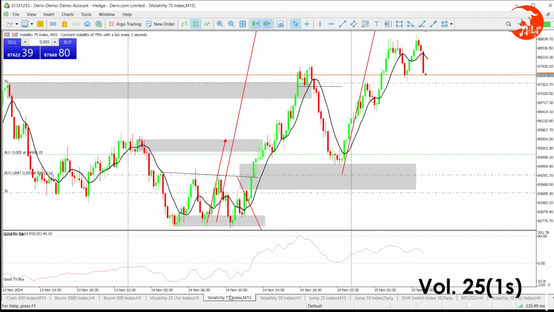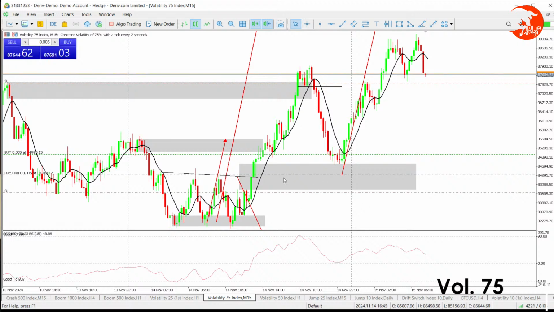All right, so let's head over to another asset, which is V75. Now V75, I had my move. It was a sniper entry here last night. Let me first change the name here to V75. Last night, I think it was around midnight.